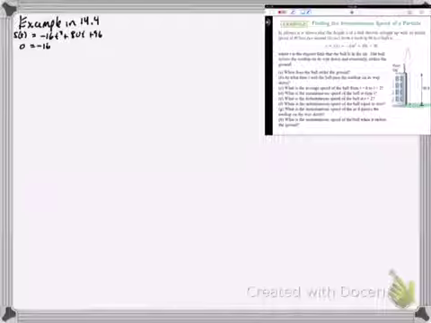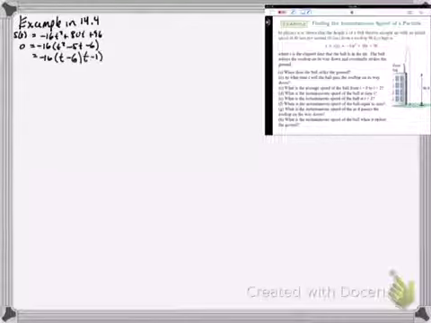But what I'm going to do with this is factor out that negative 16, so I get t squared minus 5t minus 6. I'm going to factor it a little bit further and have negative 16 times (t minus 6) times (t plus 1). So when we solve for 0, we can see right away that 16 can't equal 0.